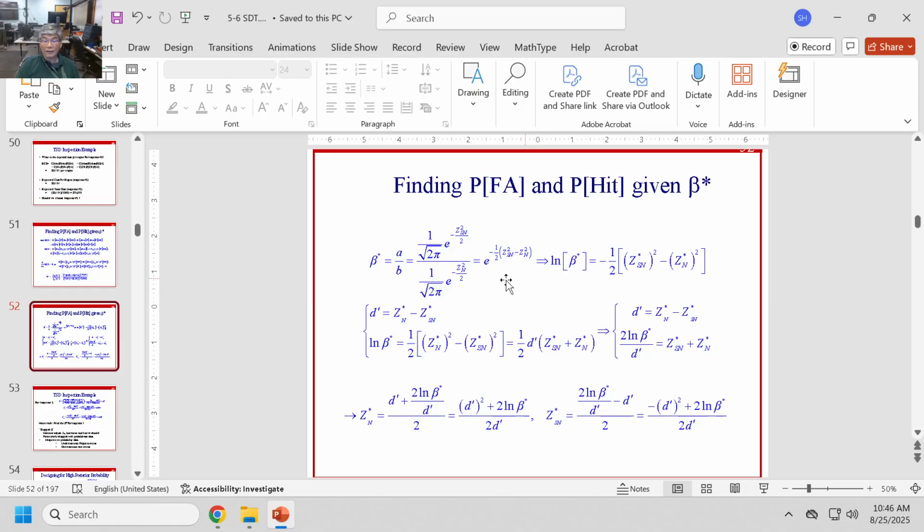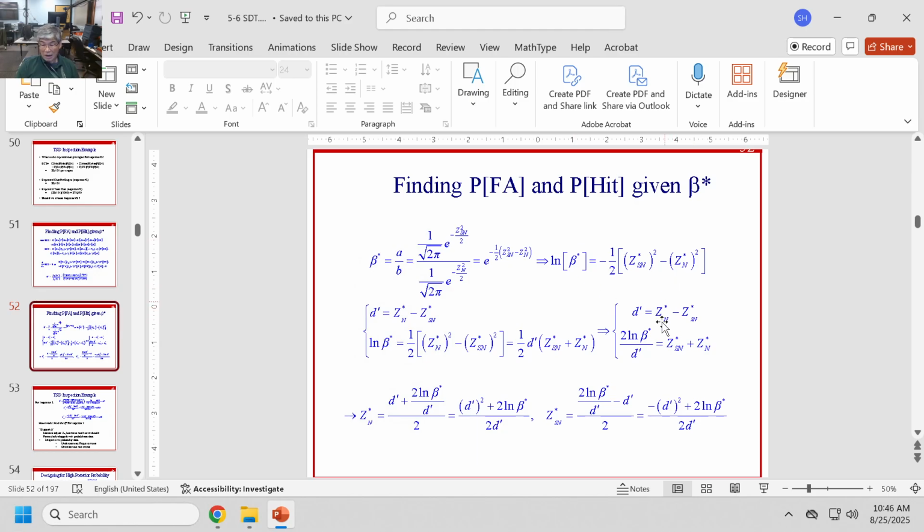Right? And then take log on both sides. Log beta becomes negative half, basically the exponent. So far so good. First equation. And then the second equation is copy paste. Know that the distance is noise amount, signal amount.